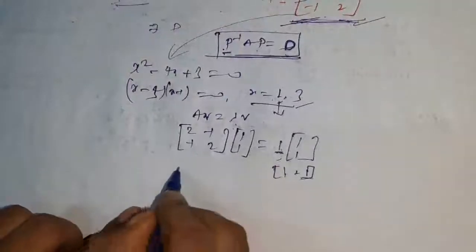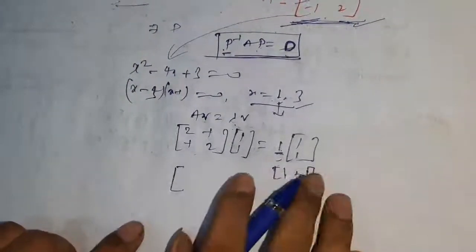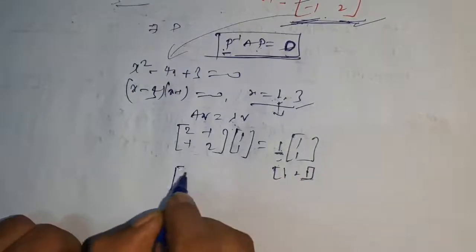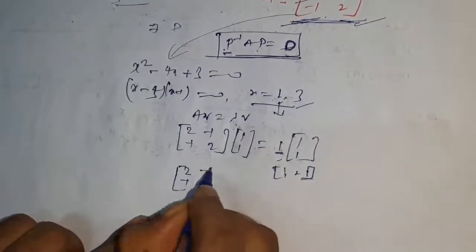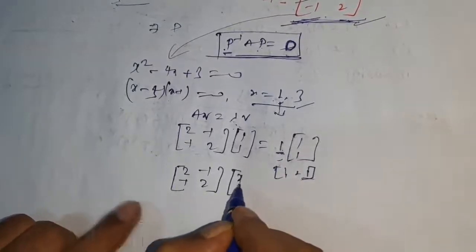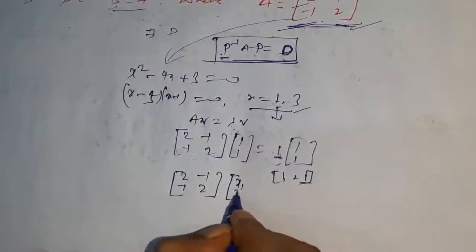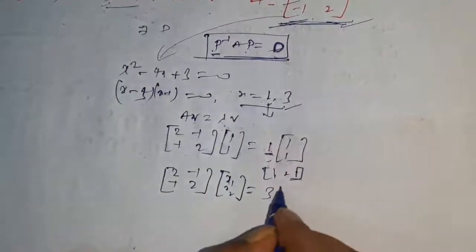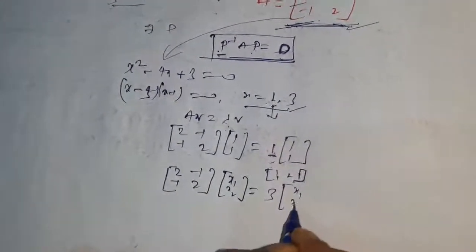So for this I apply the proper method so that if you don't know, you can understand, and you can revise also. So take any arbitrary eigenvector as x1 x2 corresponding to eigenvalue 3. So A times (x1 x2) is equal to 3 times (x1 x2).